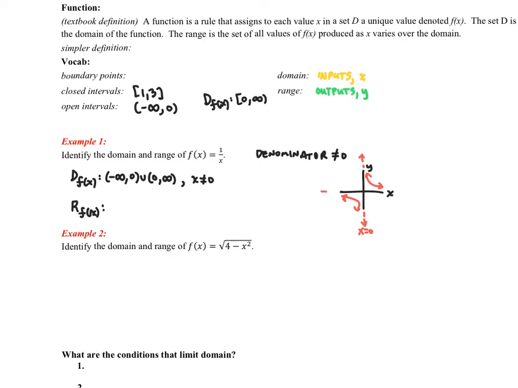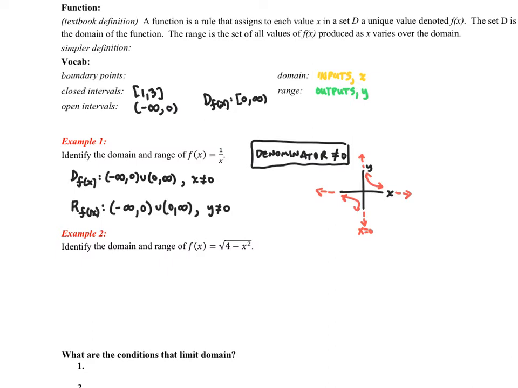And it has a horizontal asymptote at y equals 0. Therefore, the range is going to be the exact same interval as the domain. Or we could say that y cannot equal 0.